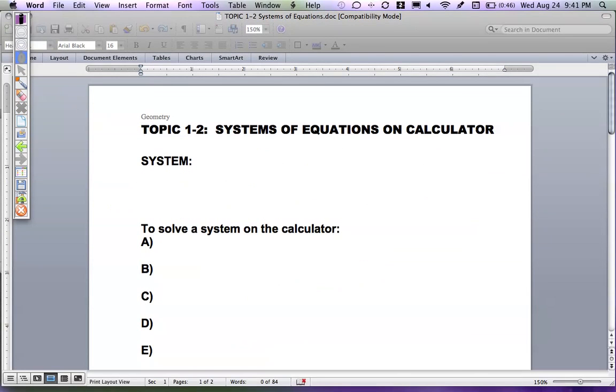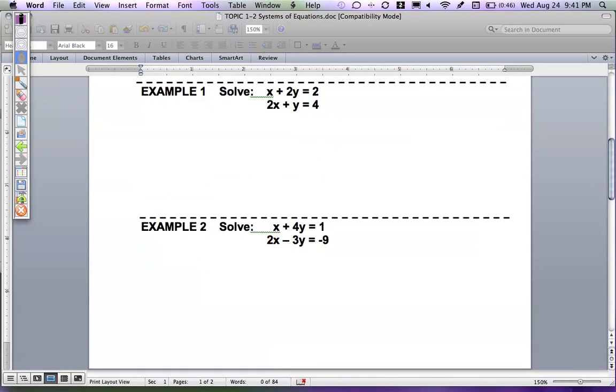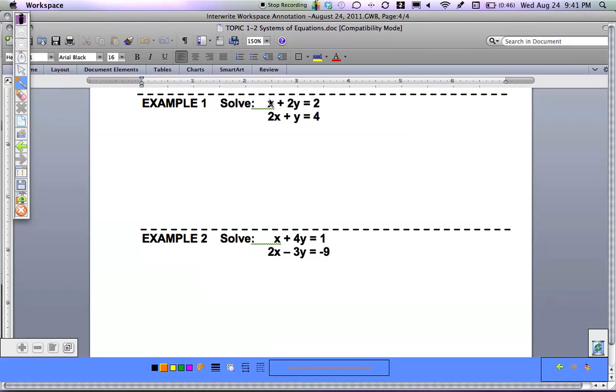So let's move on down and let's look at an example. The first thing you need to do, if you will notice, all it says is solve, and it gives us two equations.